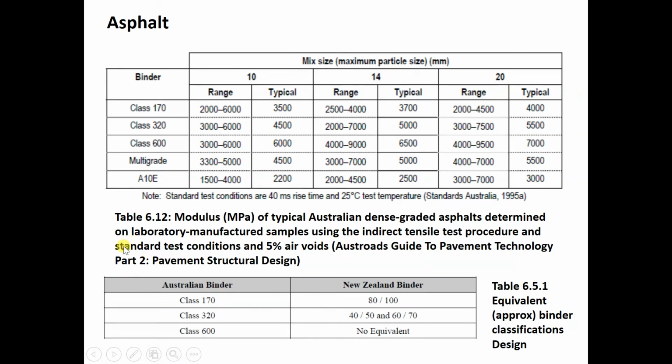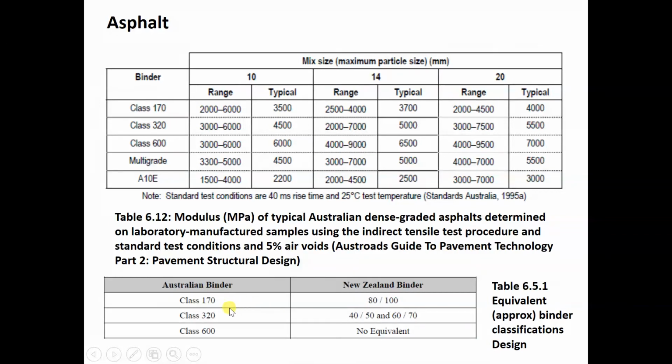Asphalt. Depending on the size of the particles, 10, 14 or 20, you could use class 170, class 320, class 600, multigrade, or this one I think is the emulsion.